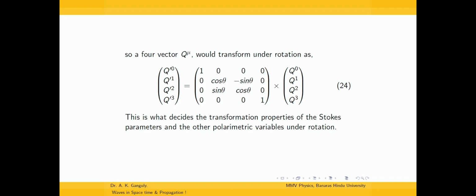So, you can write q prime 0, q prime 1, q prime 2, q prime 3 equal to the rotation matrix times the unprimed components of the q vector.